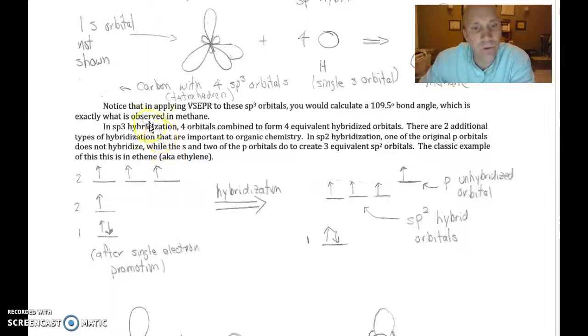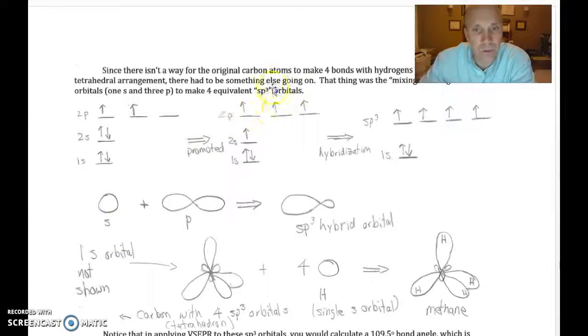The next type of hybridization is what's called sp2 hybridization. That's actually a typo right there; the 2 should appear as an exponent. Again, we're going to do a little shortcut. We're going to start here after a single one of those electrons has been promoted. By the way, this little exercise where I talk about an electron being promoted and then hybridized isn't something that actually happens when these molecules are made.